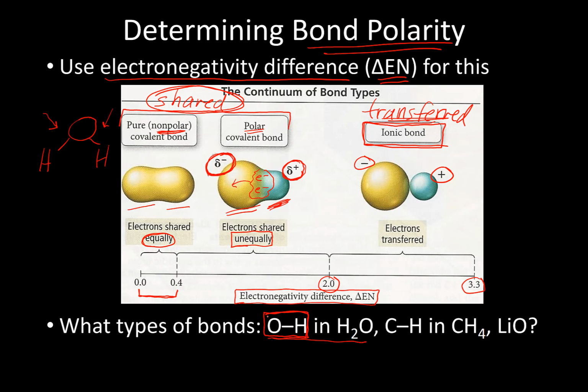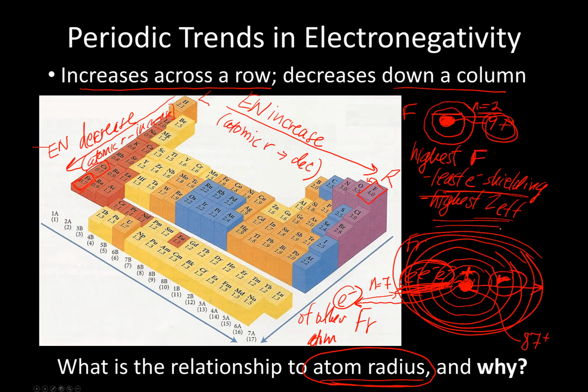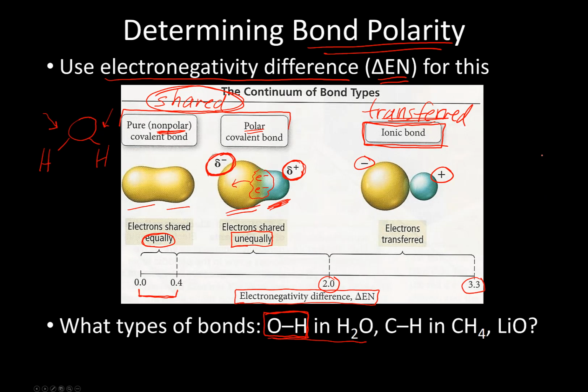In this case, if we go back to that table of electronegativity values on the previous slide, we can see that oxygen has an electronegativity value of 3.5 and hydrogen is 2.1. So we can look at the electronegativity difference.